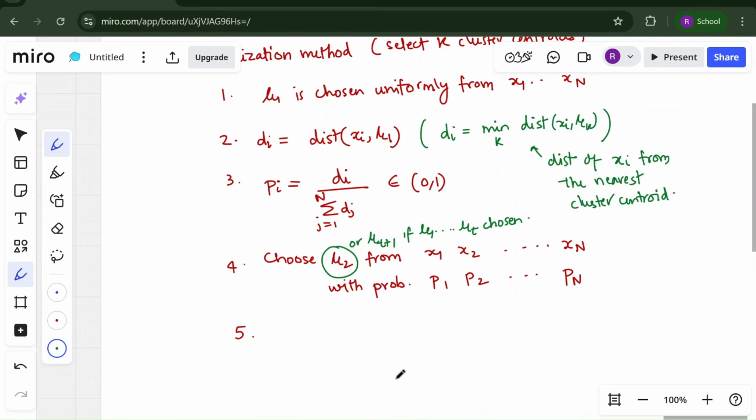Okay, and then what is the fifth step? The fifth step is that repeat 2, 3 and 4. Okay, until all k centroids are initialized, or k centroids are chosen. That is the idea. So this is all about the k-means plus plus algorithm.